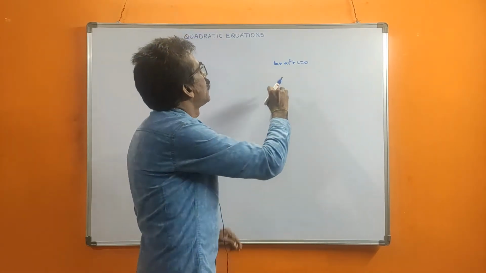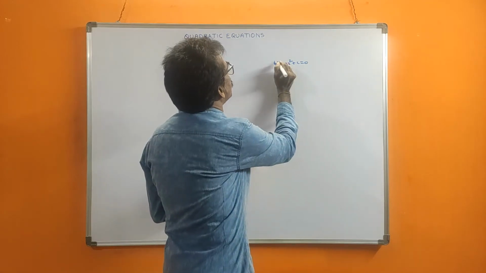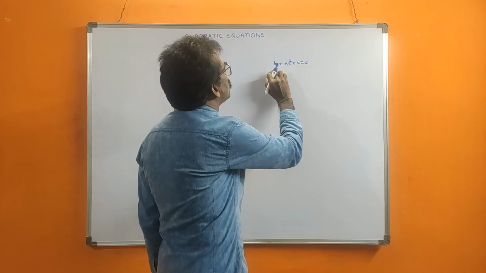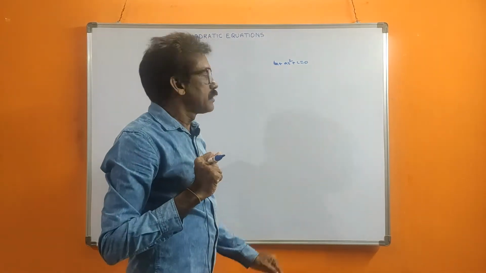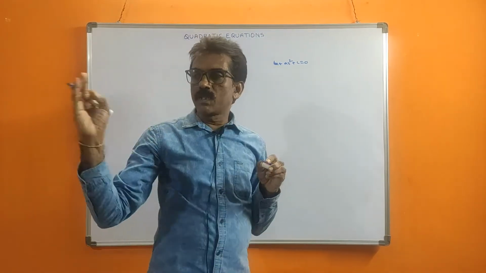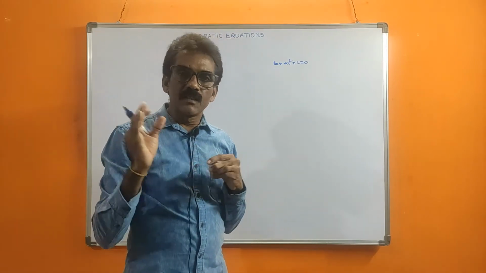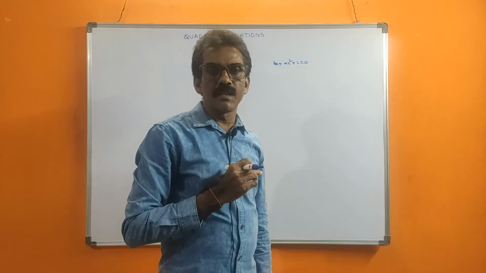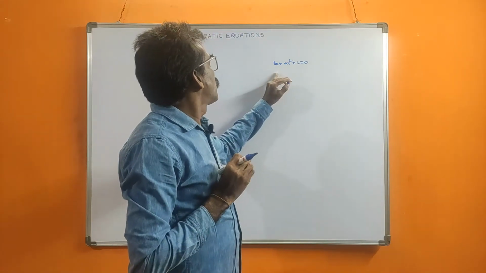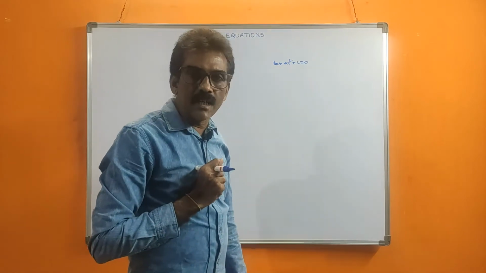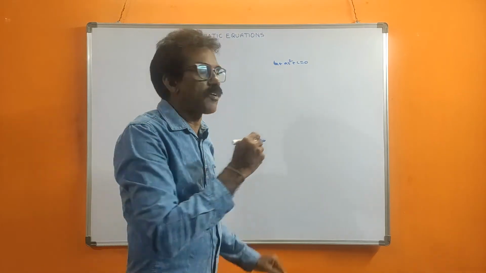Now, see, here the degree is 1, here the degree is 2. According to the degree, it is arranged in ascending order: 1, 2, 3, like that. If the numbers are increasing, that is ascending order. If the numbers are decreasing, that is descending order. If the terms are arranged in descending order of degree, then it is called the standard form of a quadratic equation.